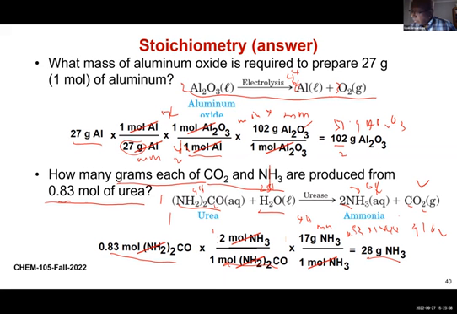Let me finish it: 0.83 multiplied by 44. So I get 36 grams of carbon dioxide, 36.5. Okay, that's how you do the calculation.